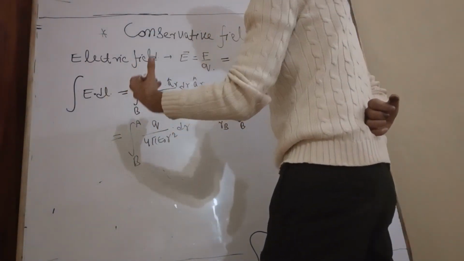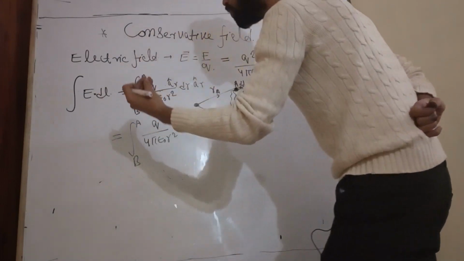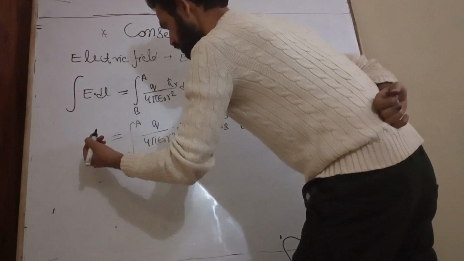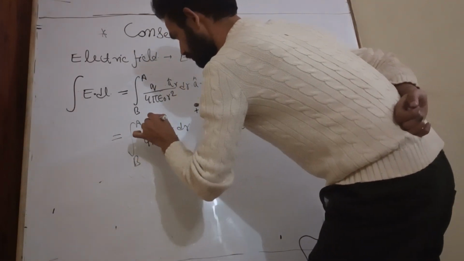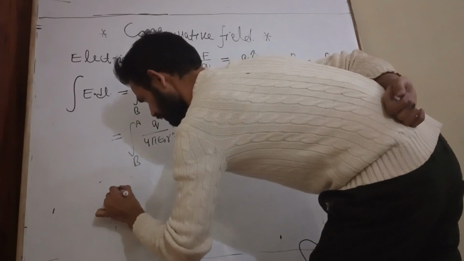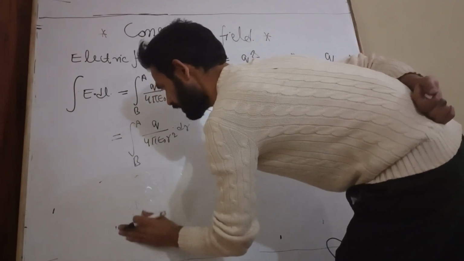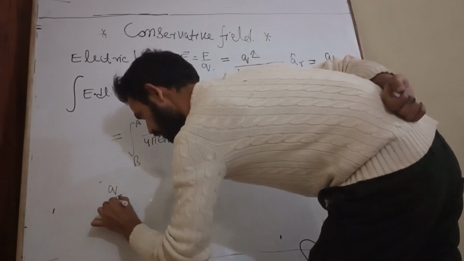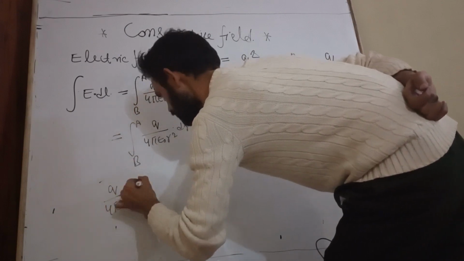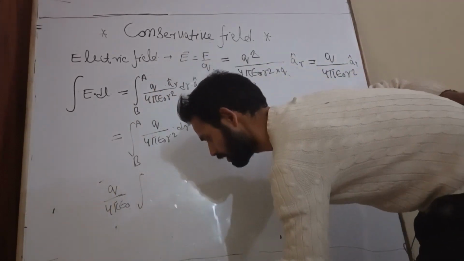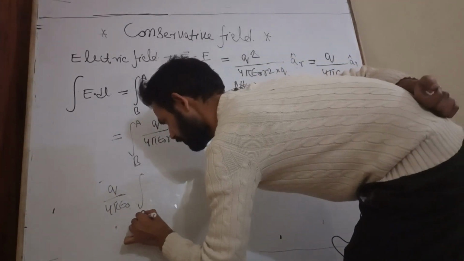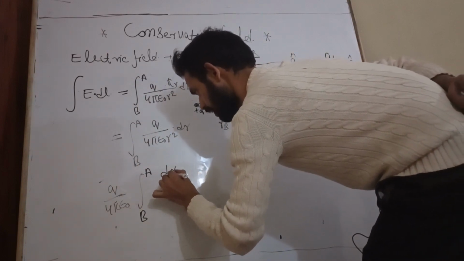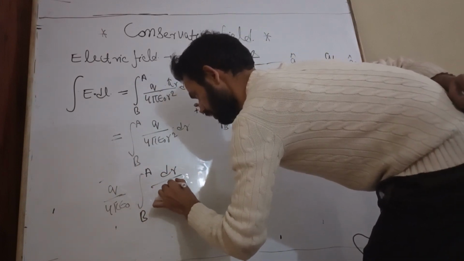This is the work done to move the charge from one place to another. Taking q by 4 pi epsilon outside, the integration from B to A is dr divided by r square.